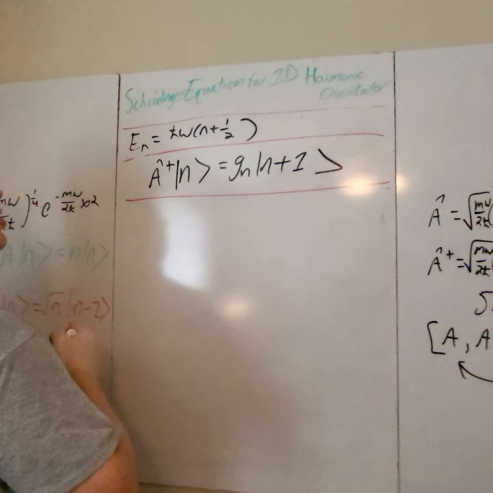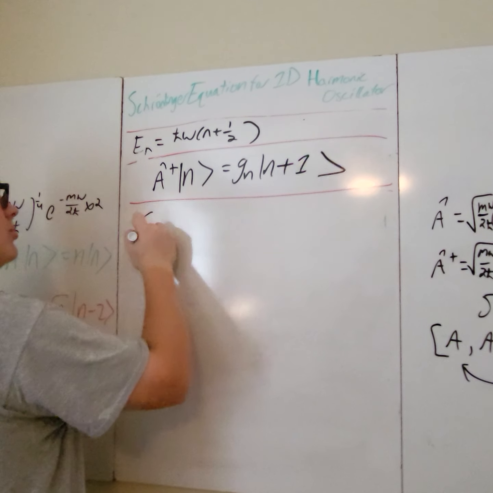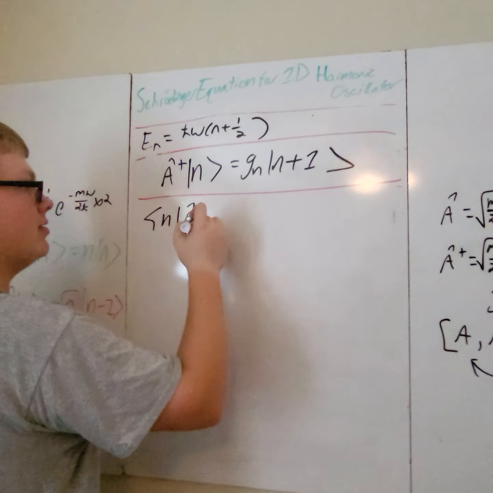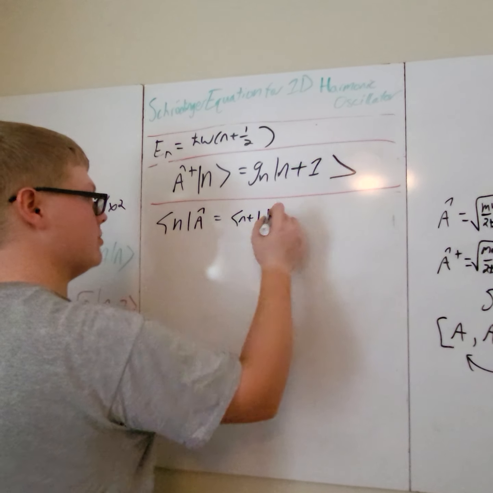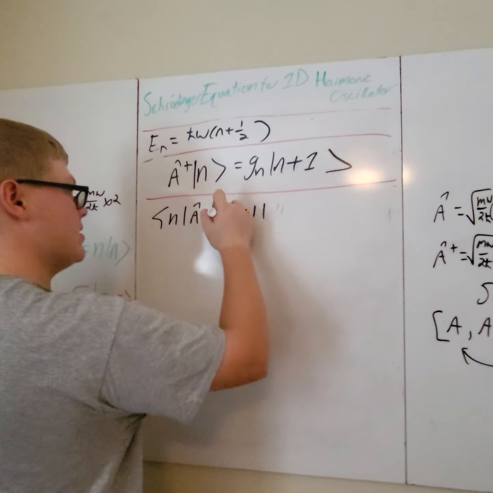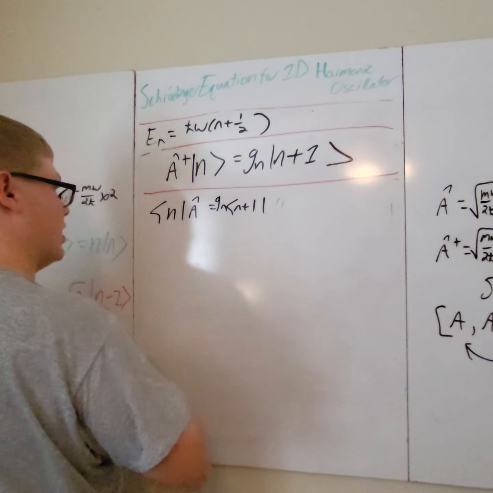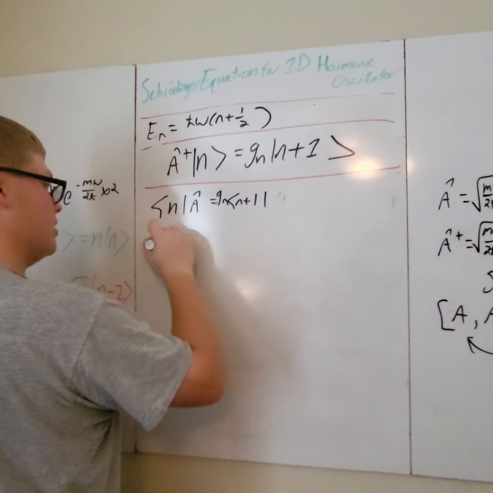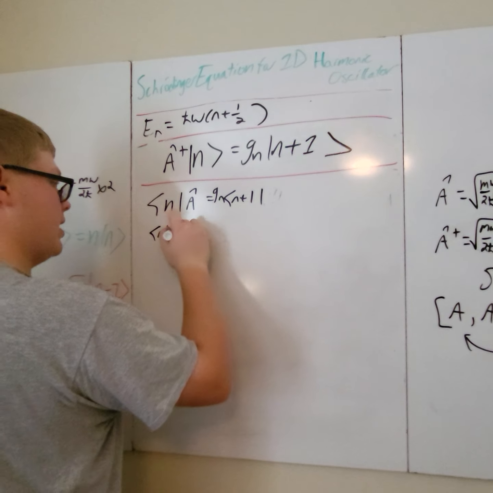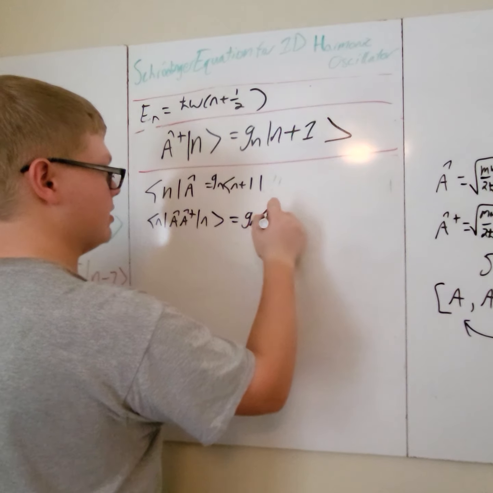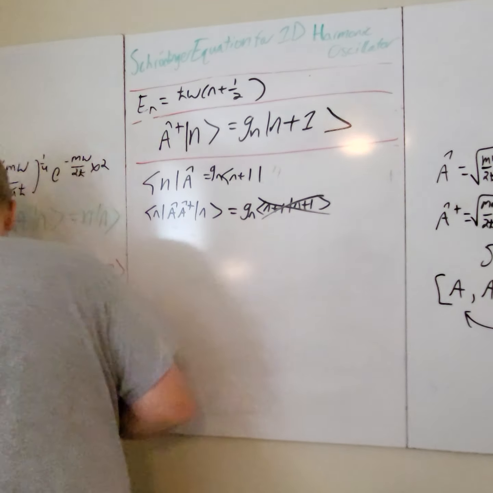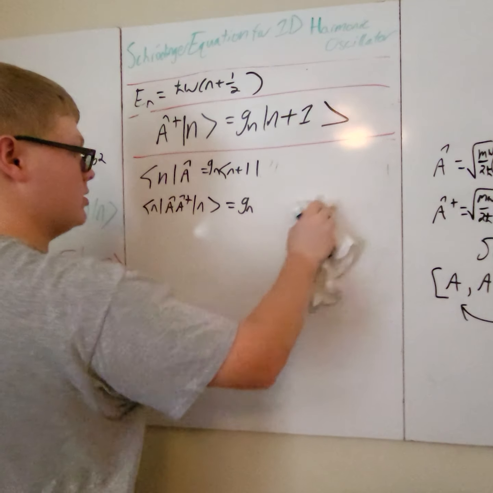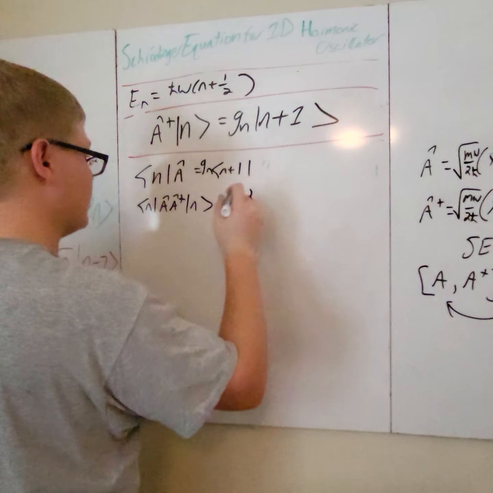Like the last example, we'll do n a hat equals n plus 1 times g sub n, which you can just pull out there, and we're going to sandwich them together. n a hat, a star equals g sub n, n plus 1, n plus 1. That's just with itself, so it'll just go to 1. Oh, g sub n squared, I should have specified.